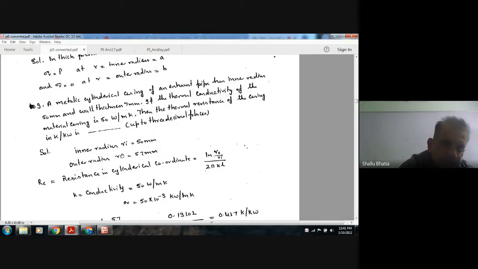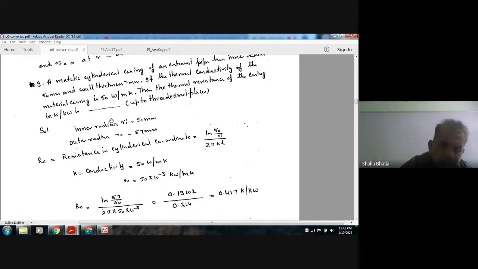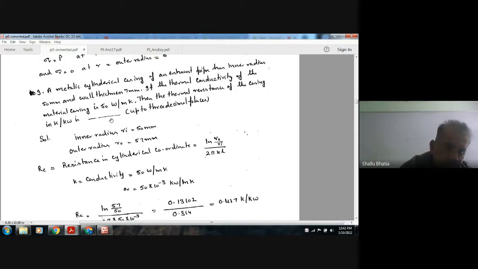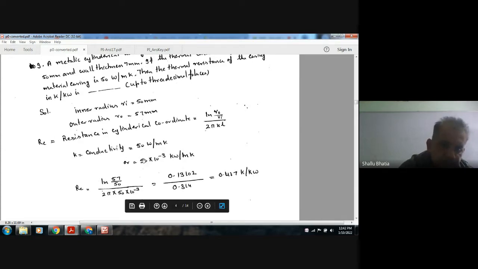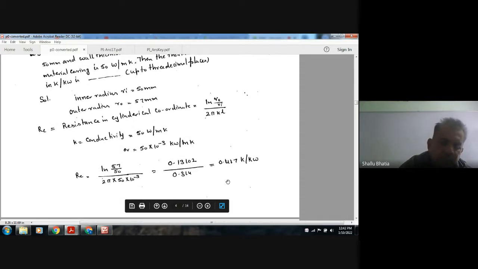And l, because we have to find out per meter, so taking l equal to 1. And k is 50 into 10 to the minus 3 kilowatt per meter per degree Kelvin. So putting these values, you can get 0.417 kilo Kelvin per kilowatt.